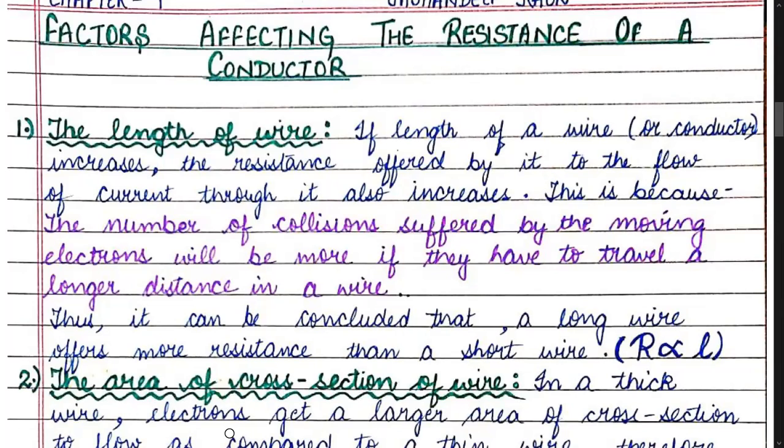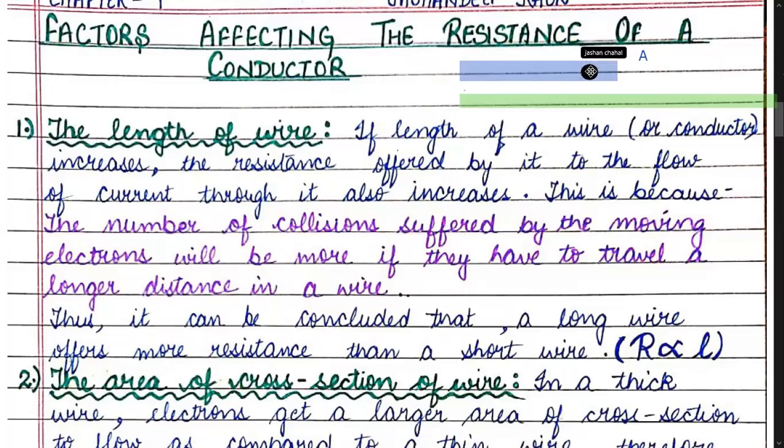Now students, suppose we are having a wire of length 1 meter and we are having one more wire of length 2 meter, and we are having one electron which has to go from one end to the other end of the conductor. In case of wire A, the first wire, the electron, the charge has to travel a distance of 1 meter to reach the other end.